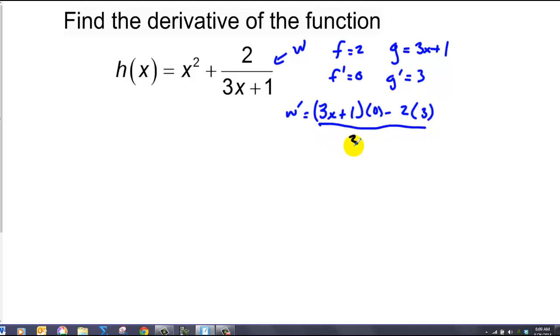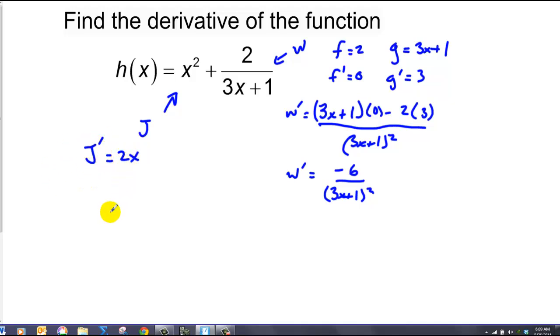all over g squared. This will go pretty quickly because you'll notice we have 0 times something in this case. Which gives me negative 6 over quantity 3x plus 1 squared. That's w prime. The derivative of the other term, let's call this j prime, is just 2x.